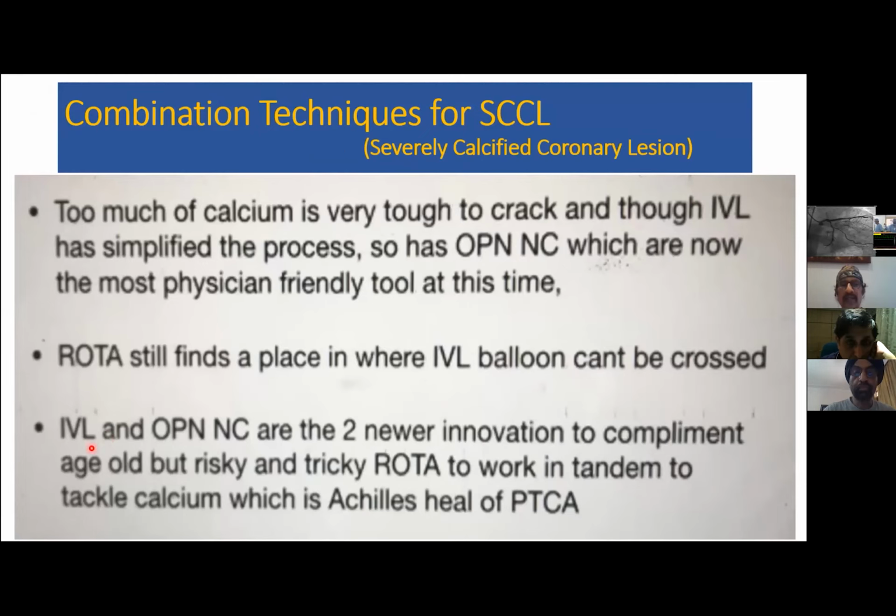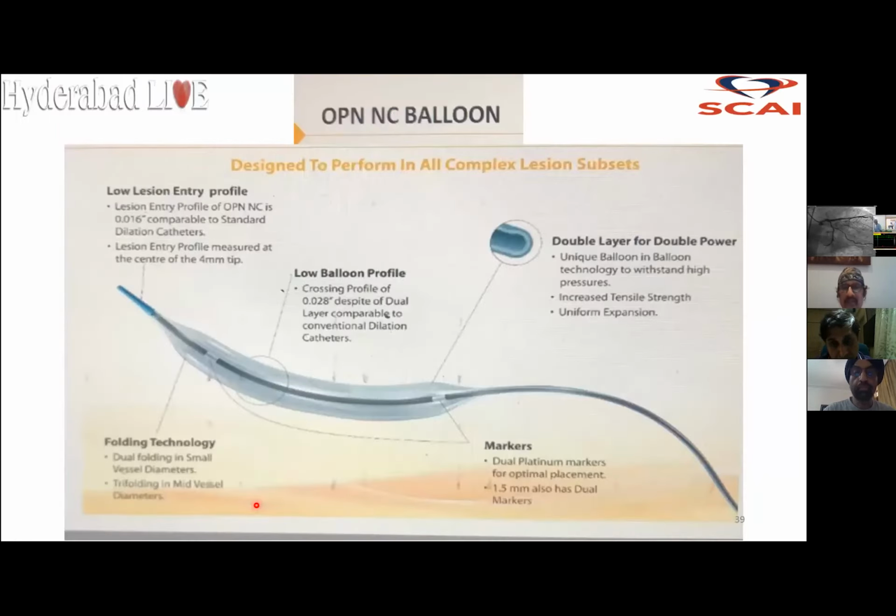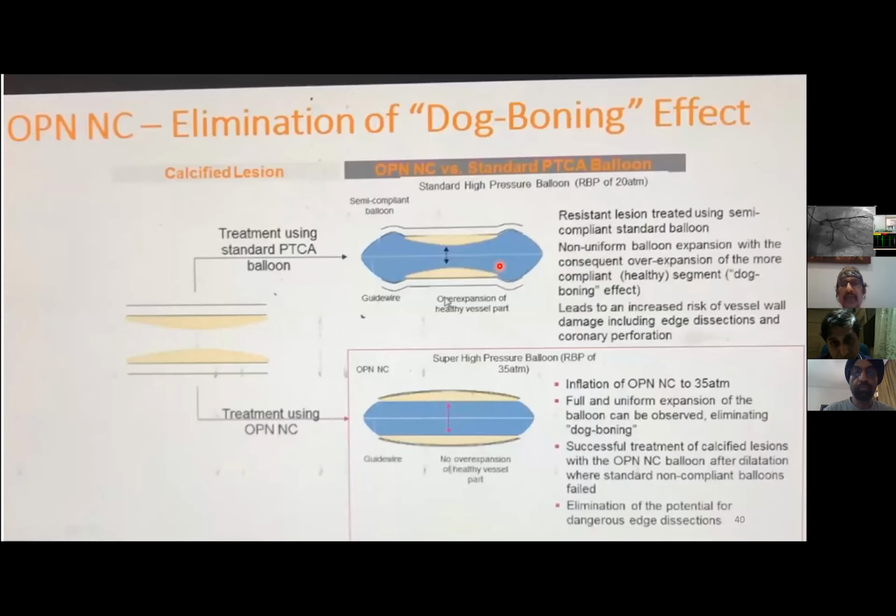The IVL and OPN NC are the two new innovations to allow the age-old but risky and tricky rota to work in tandem to tackle the calcium, which has always been a difficult issue. In OPN, you have two layers of balloon, and that's why you don't get dog boning, which is one of the problems with the conventional balloon.